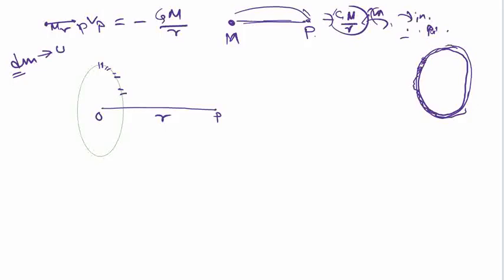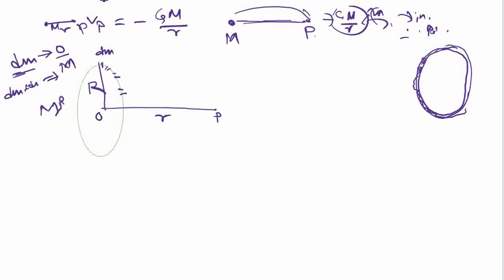So dm is very small, tending to 0. For example, this is dm, this is dm, and if I add all the dm, we get the whole mass of the ring. So this ring has mass m and radius r, capital R, mass m, capital R.